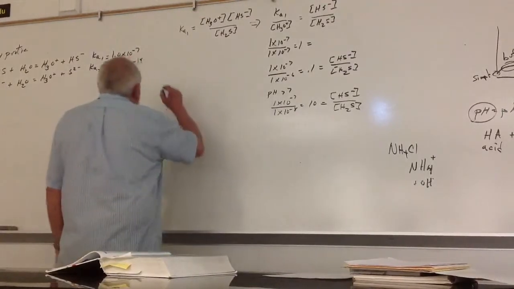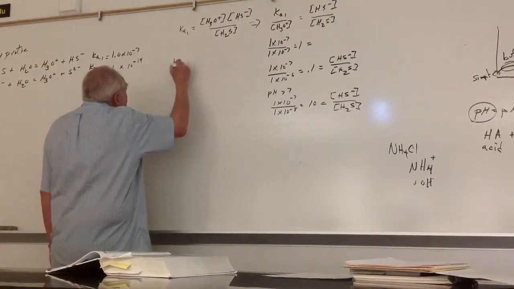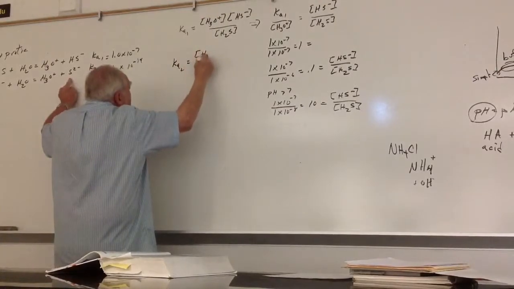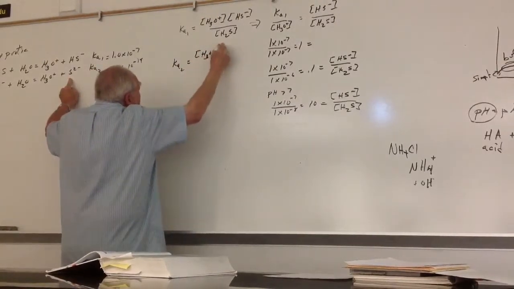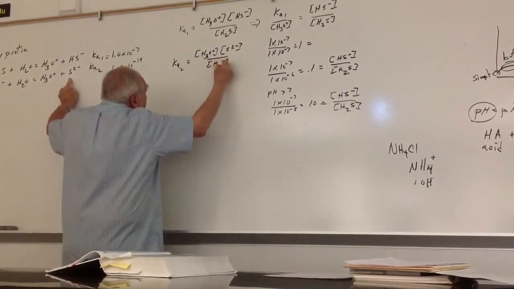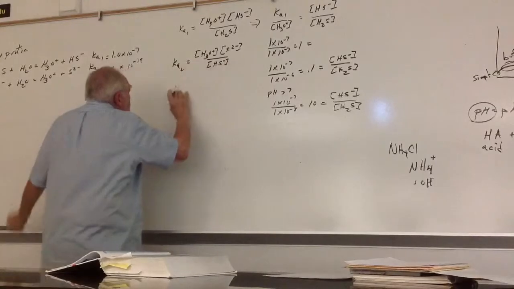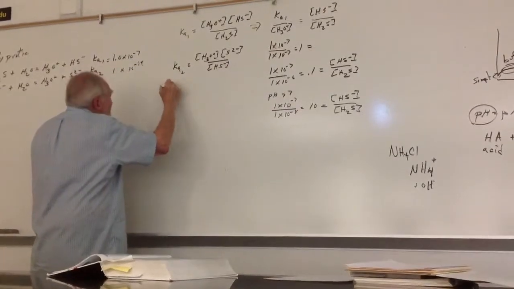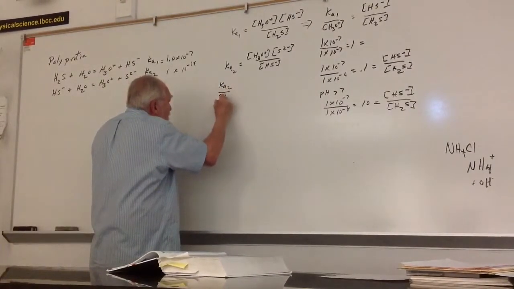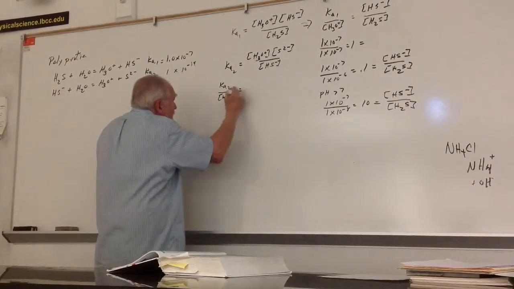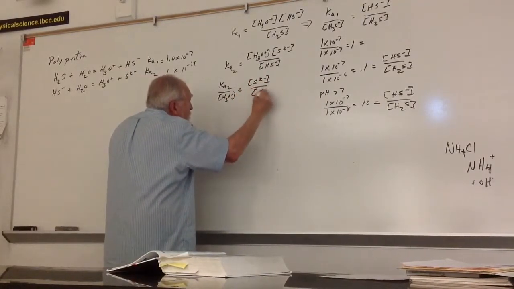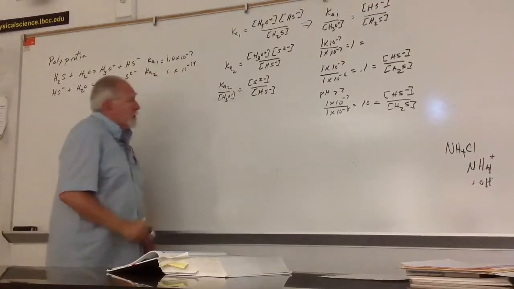Well, now I look at Ka2. This one right here. So if this is 1 times 10 to the minus 19th, I'm going to rearrange this. Ka2 over concentration of H3O plus equals HS minus.